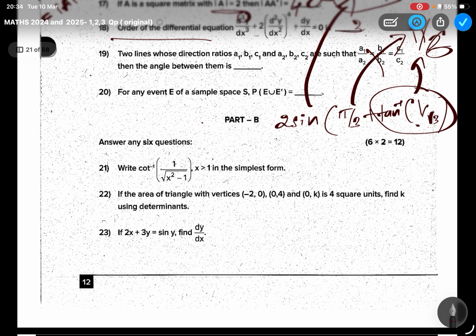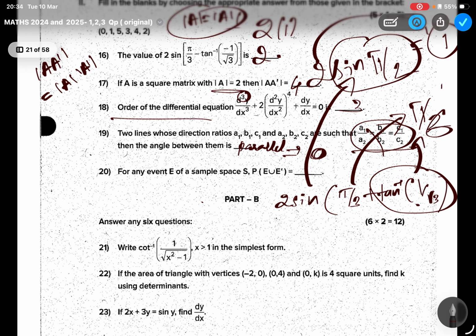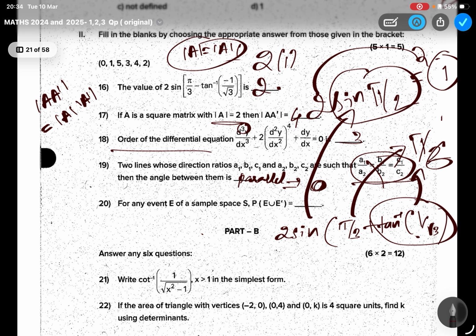Two lines whose direction ratios a1, b1, c1 and a2, b2, c2 are such that a1 by a2 equals b1 by b2 equals c1 by c2, then the angle between them: it means if these ratios are the same, then they are parallel. If they are parallel, what is the angle? 0. And for any event E of the sample space, probability of E union E dash: the answer will be 1.